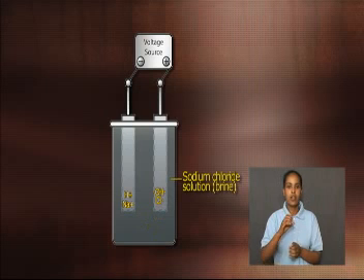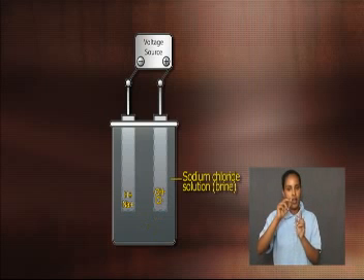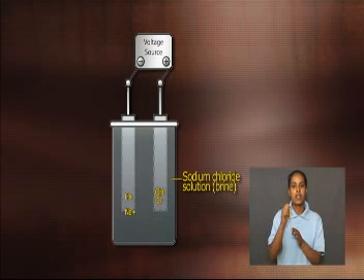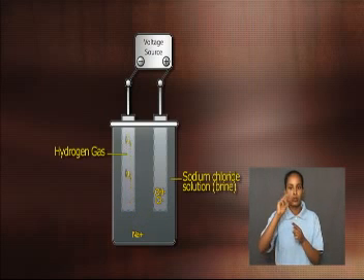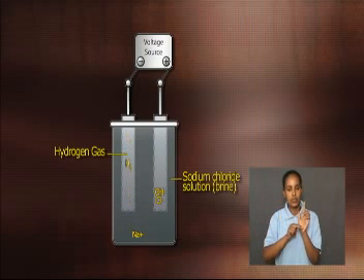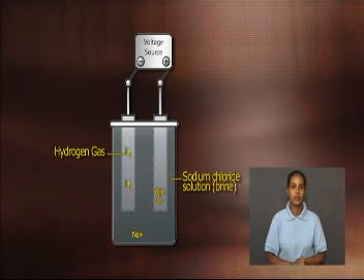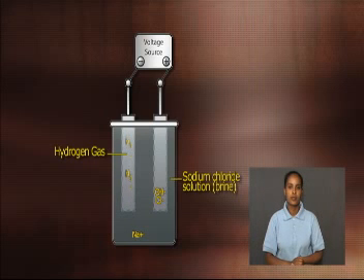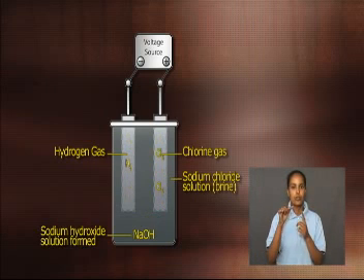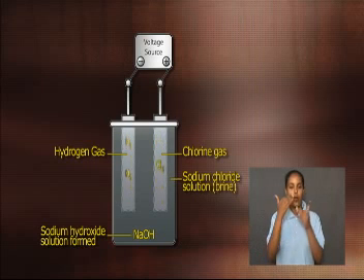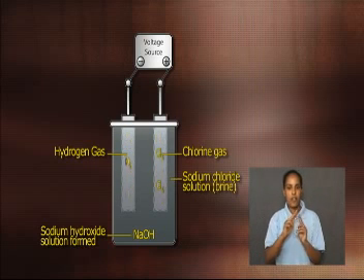The hydrogen plus ions are discharged from the cathode in preference to the sodium plus ions. At the anode, the chloride ions are discharged in preference to the hydroxide ions because their concentration is very high.